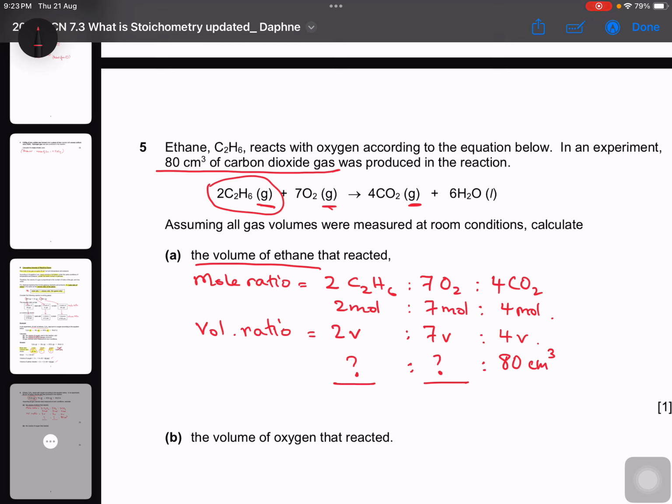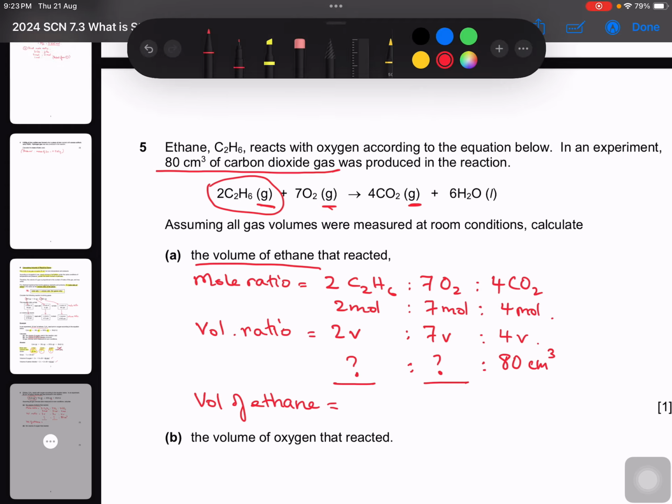For the volume of ethane, 4V is 80, so 1V is 20. Agreed?